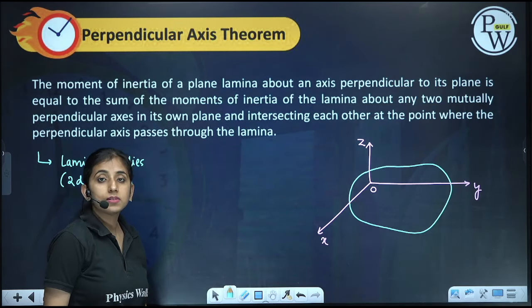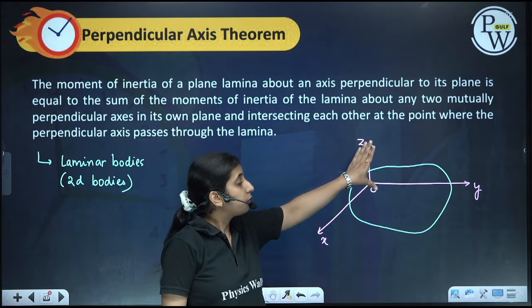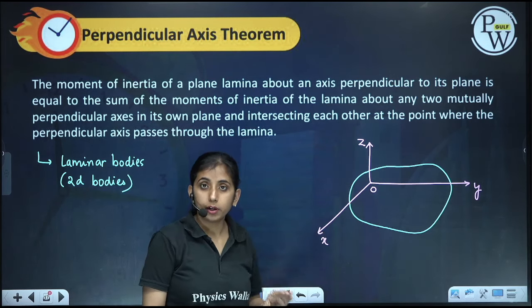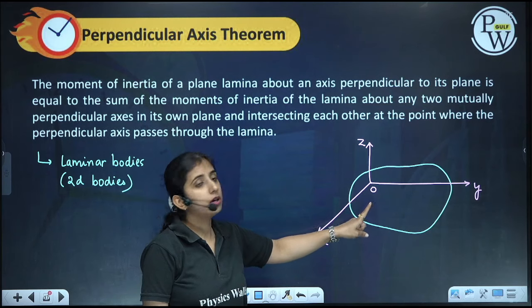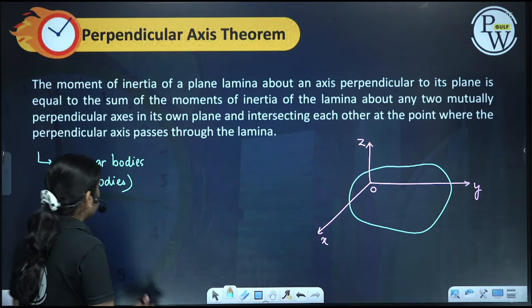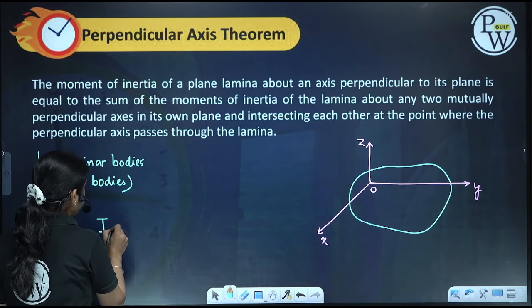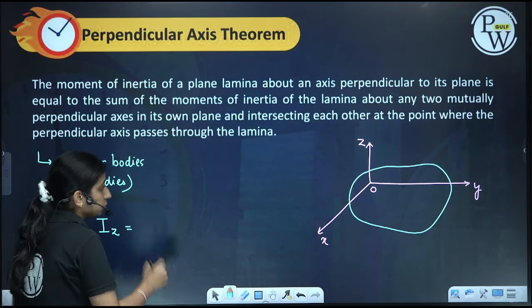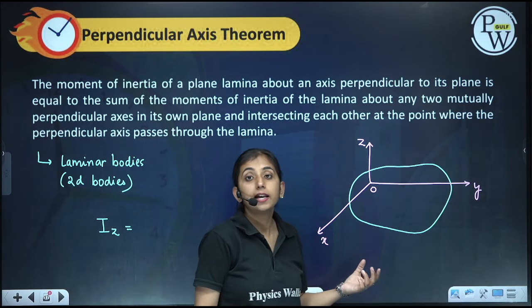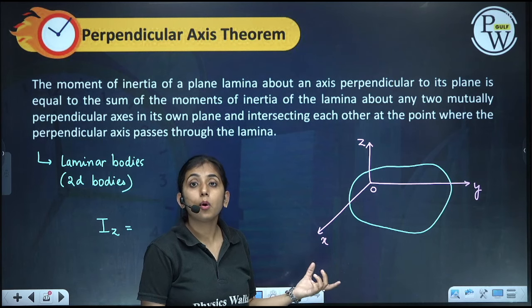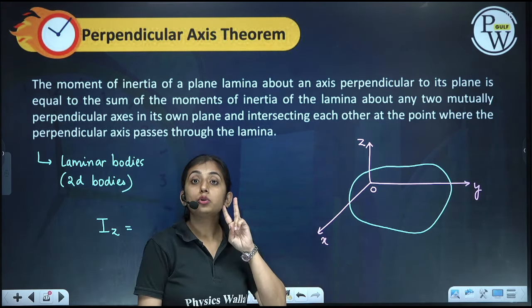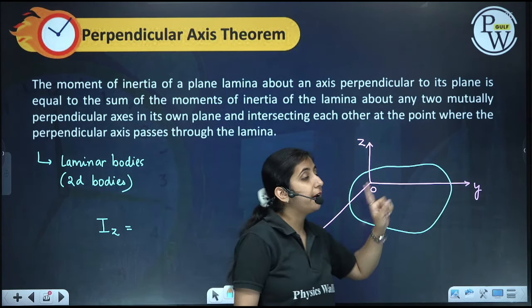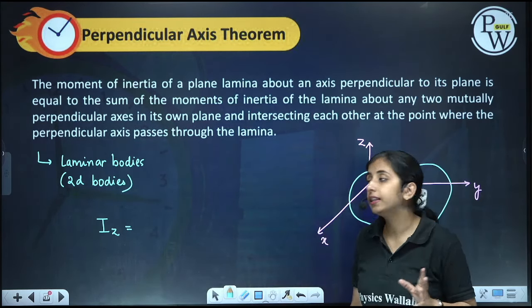Now this theorem says that the moment of inertia of a body about an axis perpendicular to the plane of the body is equal to the sum of the moments of inertia of the body about two mutually perpendicular axes lying in the plane.